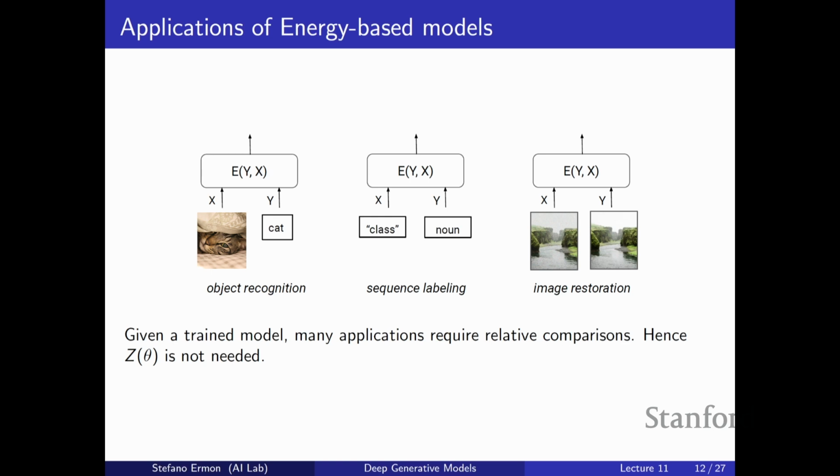If you think about object recognition, if you have some kind of energy function that relates the label y to the image x, and you're trying to figure out what is the most likely label, then as long as you can compare the labels between them, you can basically solve object recognition. These energy-based models have been used to do sequence labeling, to do image restoration. As long as the application requires relative comparisons, the partition function is not needed.